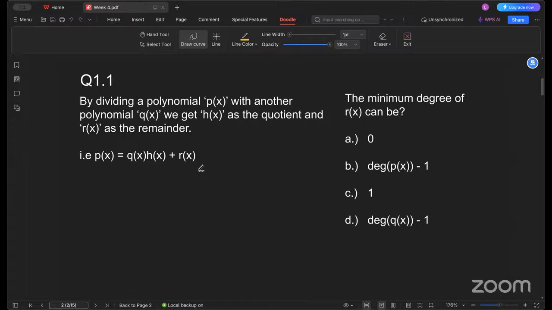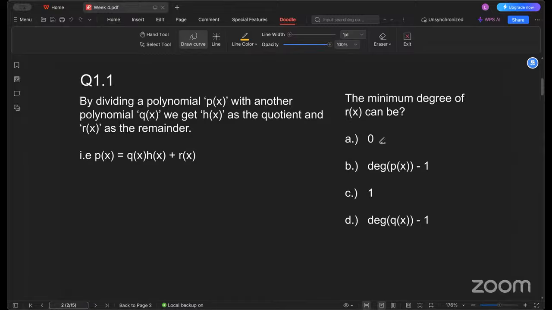But when your constant is 0, there's no degree. So the degree is not defined. If r of x is just 0, then the degree is not defined. If r of x is any constant polynomial, then the degree is 0, right? Can r of x be any constant polynomial? Yes, ma'am.